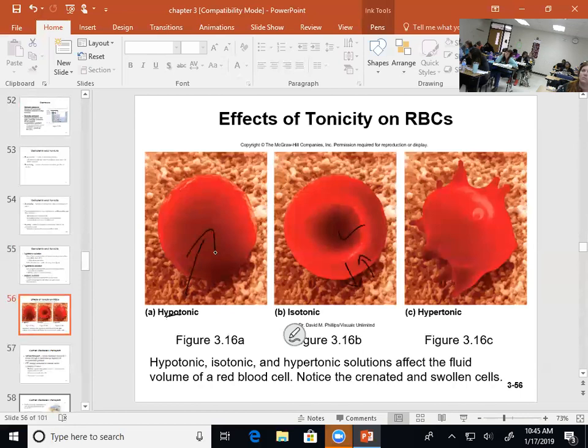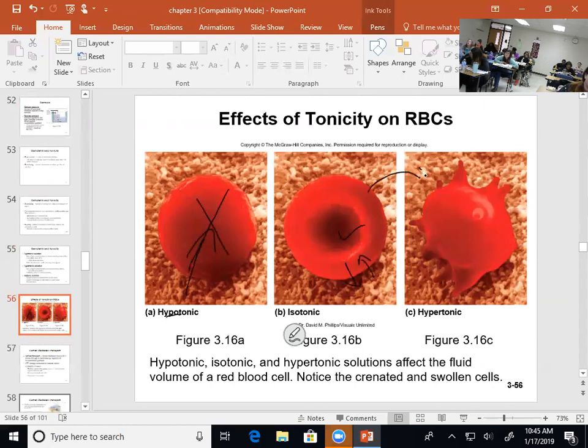And what's that cell? Is it going to change the cell volume and size? Is it going to change how the hemoglobin inside that cell can function? I guarantee you it is. That red blood cell is not functioning. It is not. It even is at risk of doing what? Bursting. It is.